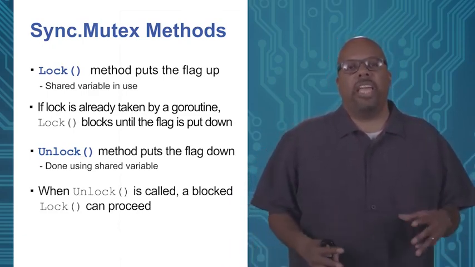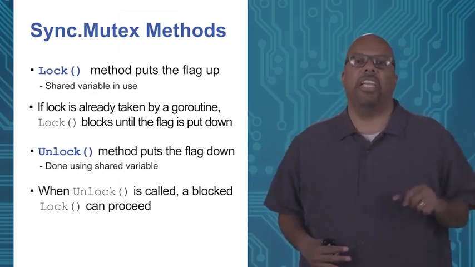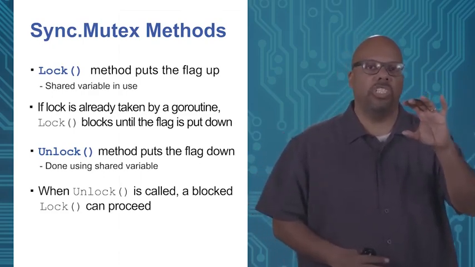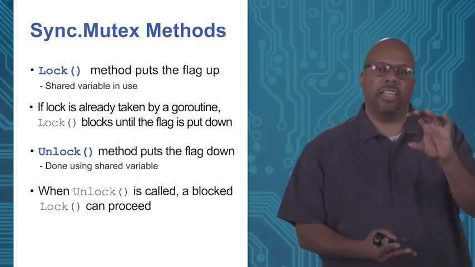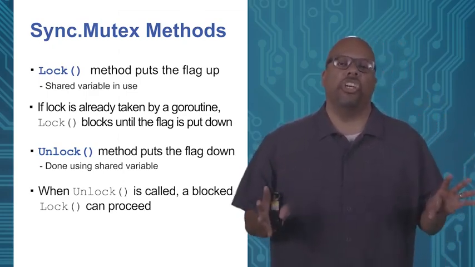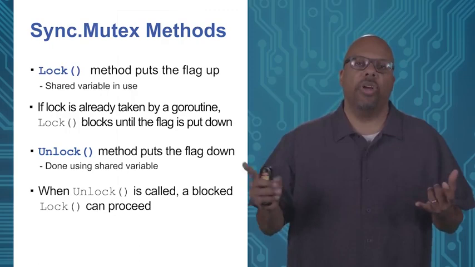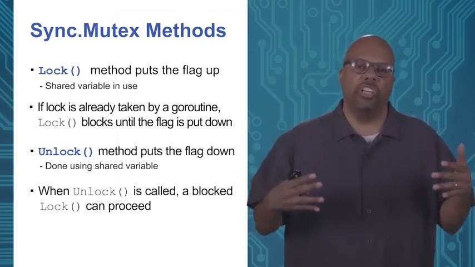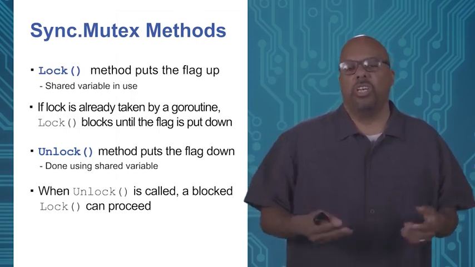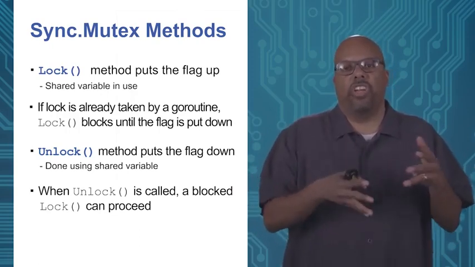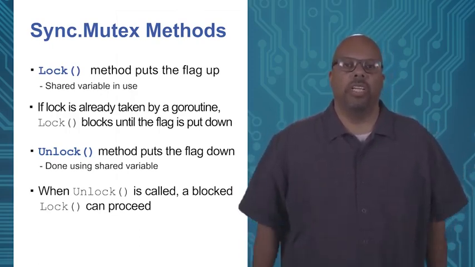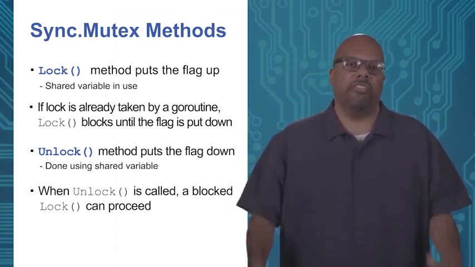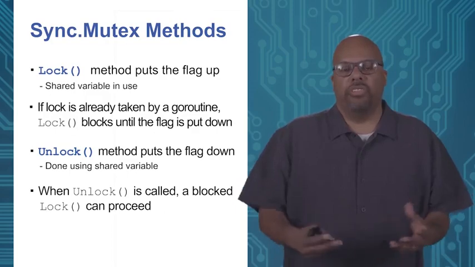In this way, as long as every goroutine calls Lock at the beginning of its mutually exclusive region, and calls Unlock at the end, it ensures that only one of these goroutines can be inside this mutually exclusive region, which in our case is where the shared variable is being written to.